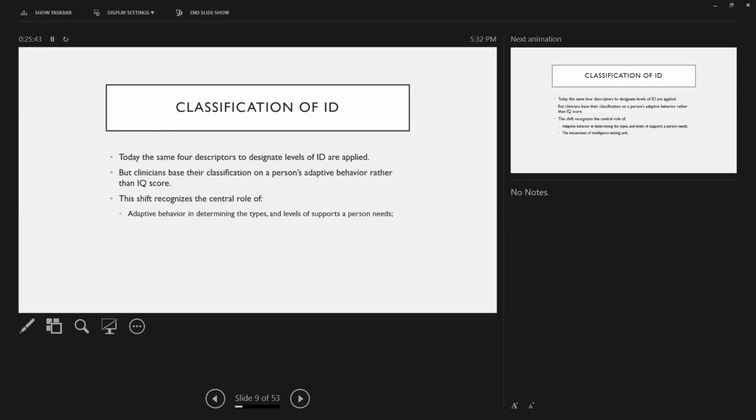Right, and so basically this whole shift away from, as we'll recall, it used to just be the IQ test when we're talking about the treatment of people with mental retardation in the early 19th century. It was just the IQ test. But the shift to emphasizing the importance of adaptive behavior is because we need a way to determine what types and levels of supports a person needs.